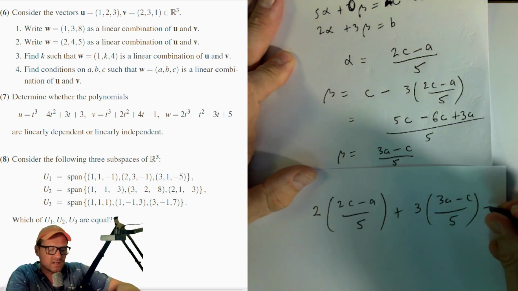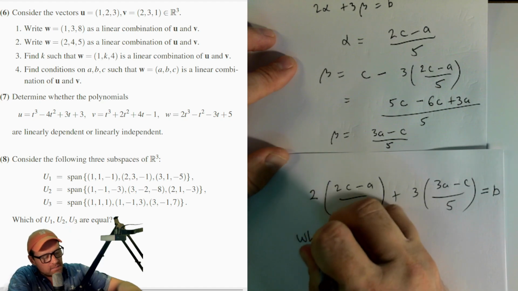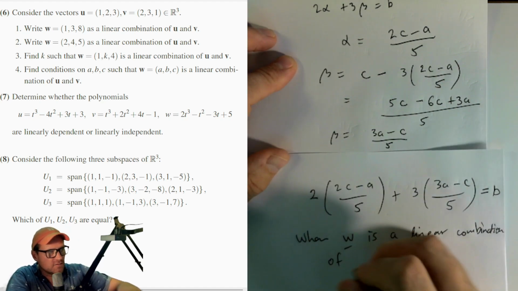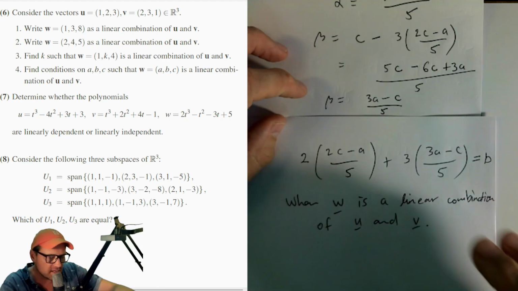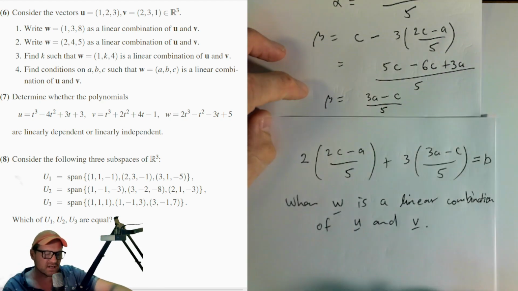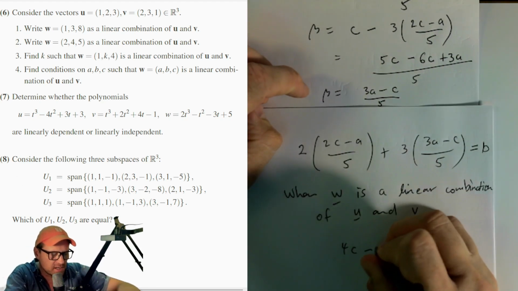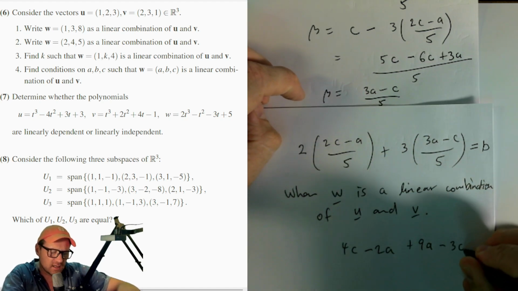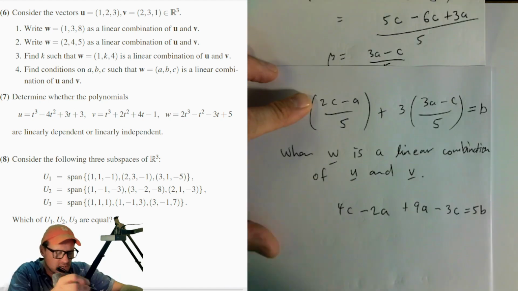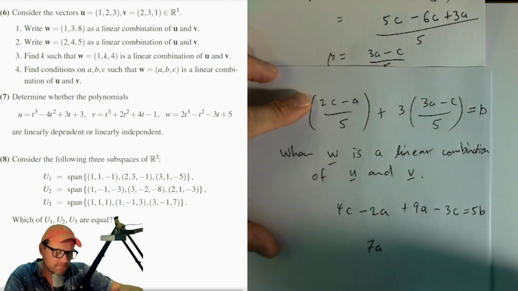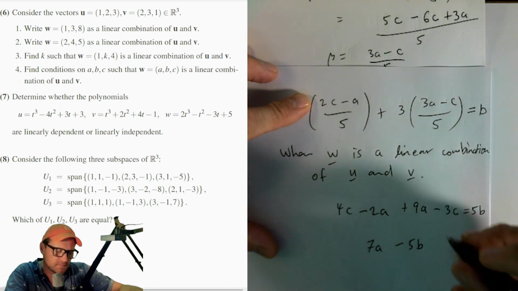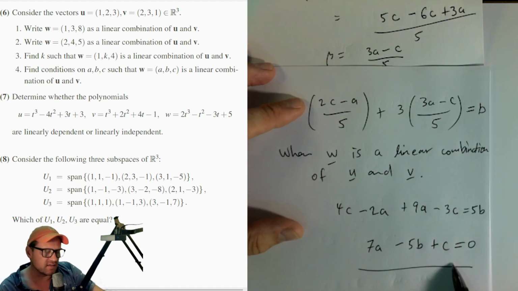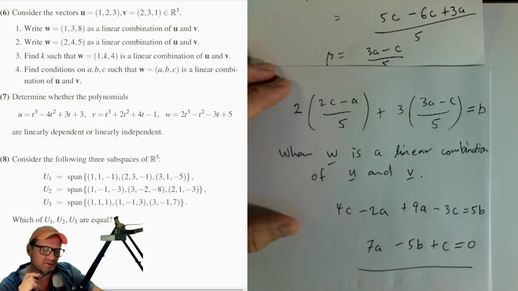This is supposed to be equal to B when the vector W is a linear combination of U and V. Okay, so we can simplify this condition somewhat. We have 4C minus 2A plus 9A minus 3C equal to 5B, and that is 7A minus 5B plus C equals 0. Okay, so for A, B, C satisfying this, W is a linear combination of U and V.